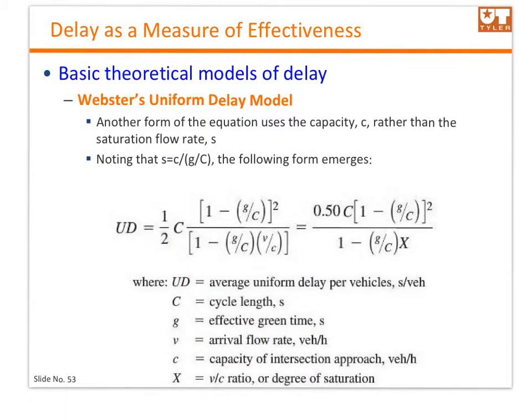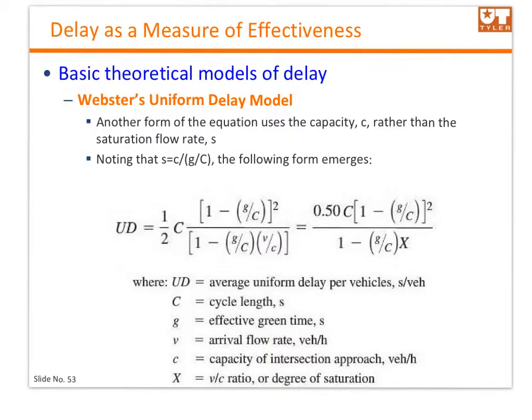Another form of the equation uses the capacity, little c, rather than the saturation flow rate, S. You need to note that S, the saturation flow rate, is equal to c over G over C. If you replace this value in the previous equation, we get this famous model UD, the average uniform delay per vehicle, equal to half of C, the cycle length, times 1 minus G over C, where G is the effective green time and C is the cycle length, over 1 minus G over C times V over c.